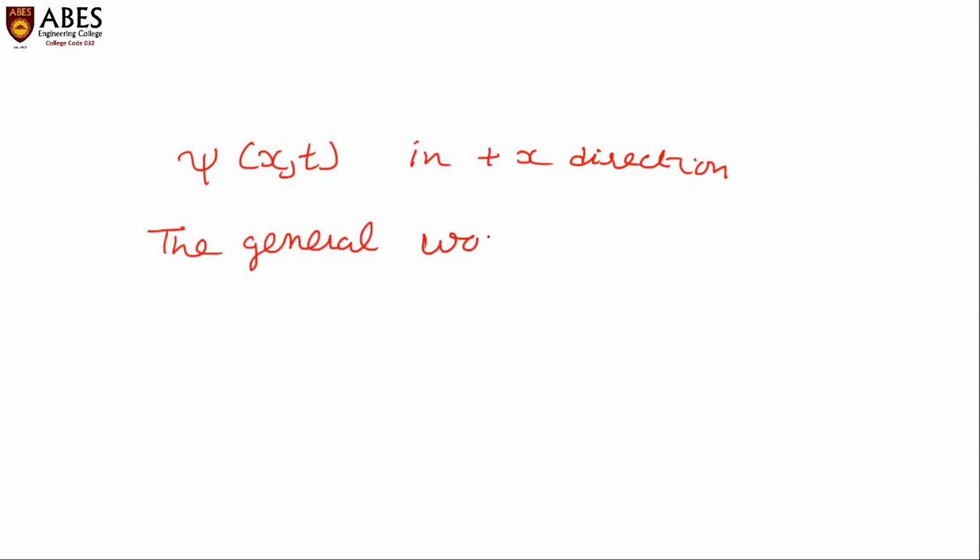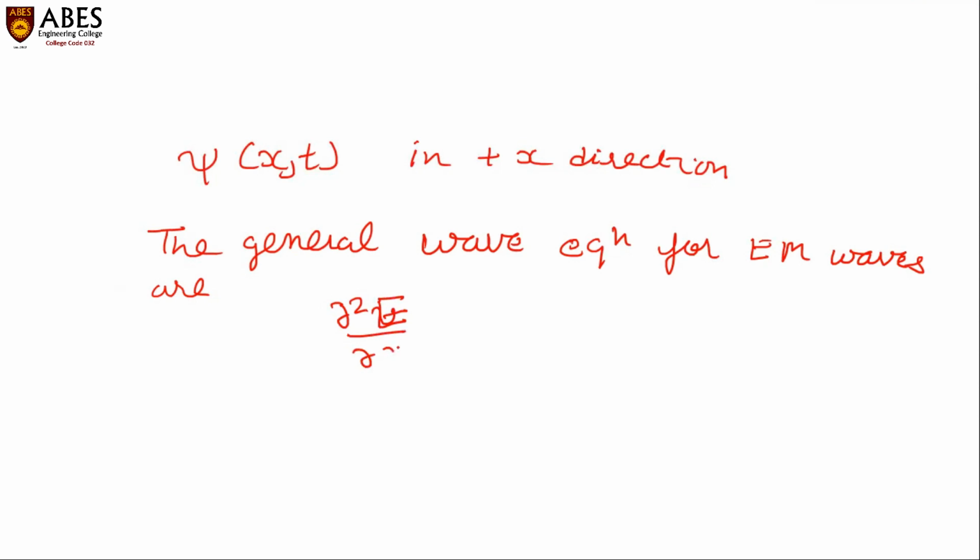The general wave equation for EM waves is del square E over del x square is equal to 1 upon c square del square E over del t square. This is the general wave equation for electromagnetic waves or light waves. Light waves travel with the speed of light, so c is the speed of light.